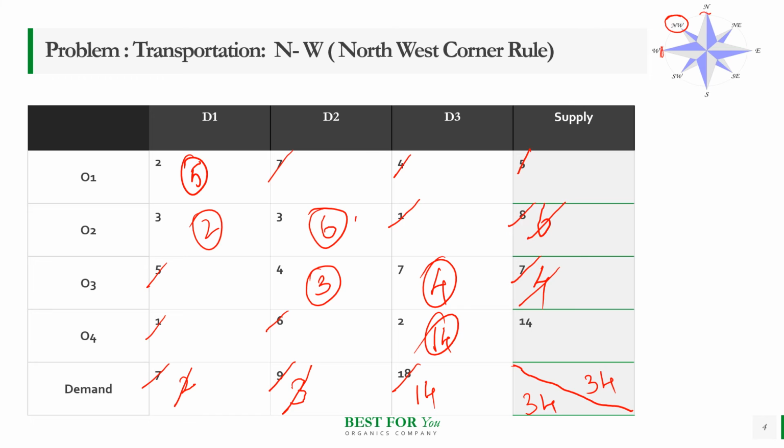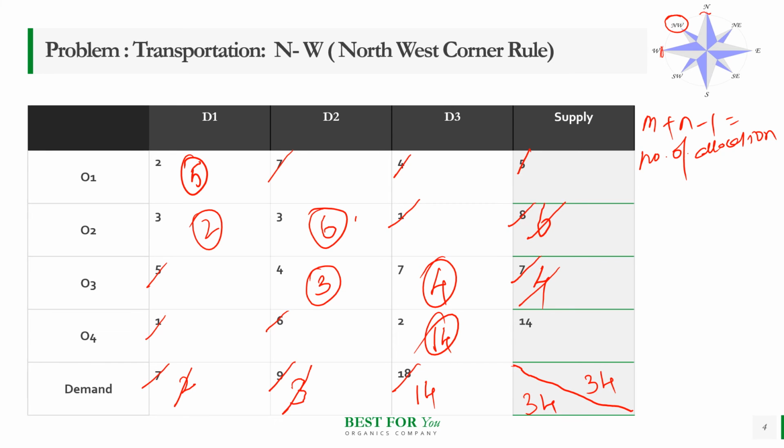So now let us check whether the problem is degenerated or non-degenerated. How we are going to find out degenerated or non-degenerated is we will use m plus n minus 1, which is equal to the number of allocations. m is nothing but the total number of rows.